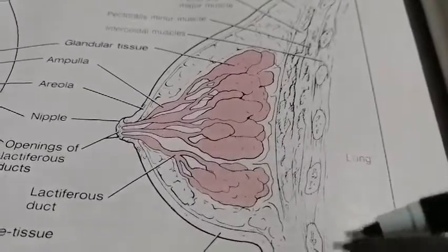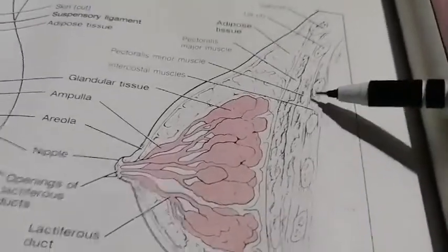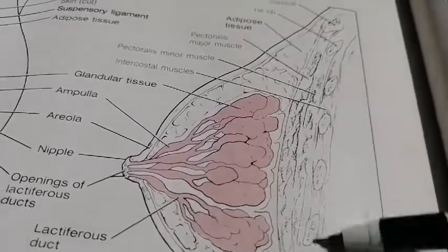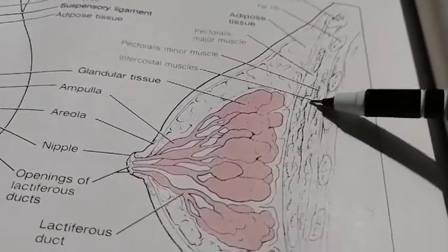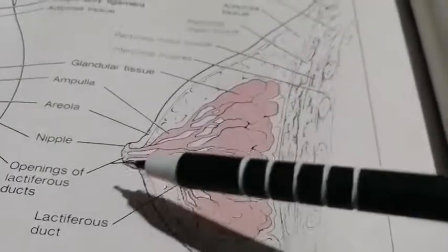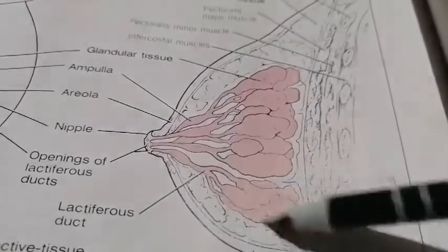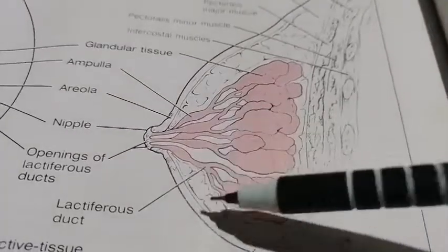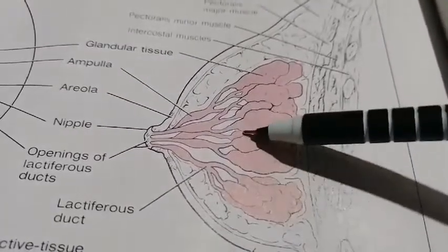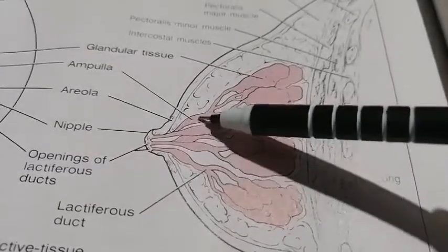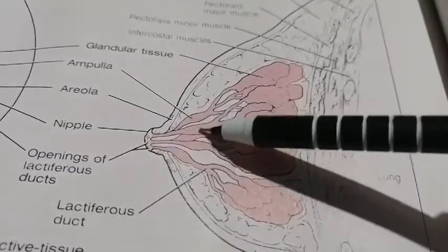You can see there is a layer of muscles, and a fat deposition is also there, and it has openings, and these ducts are called lactiferous ducts. These are your glandular tissues, and they have ampullae where the reservoir of your milk is.